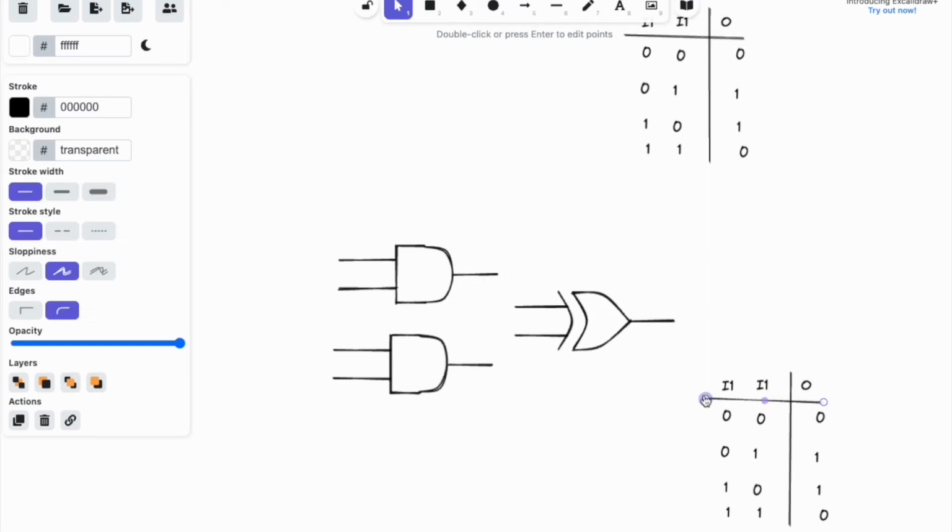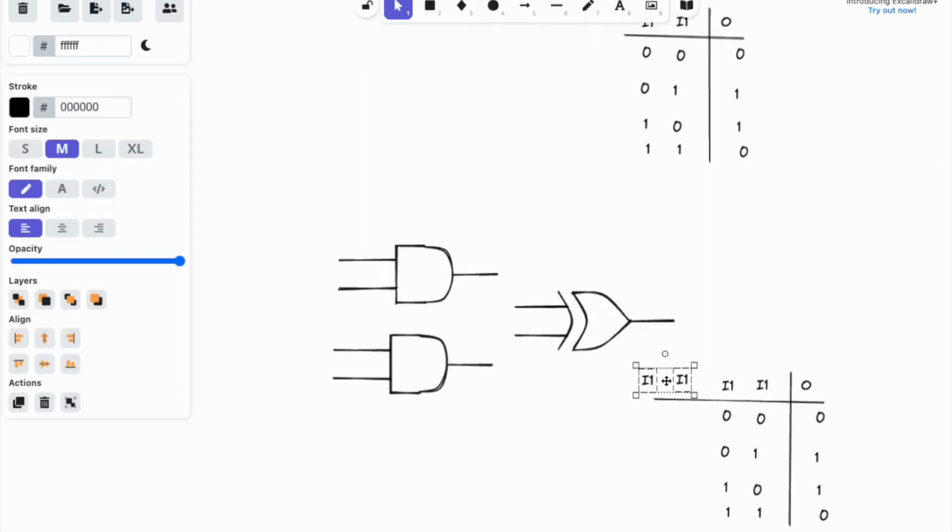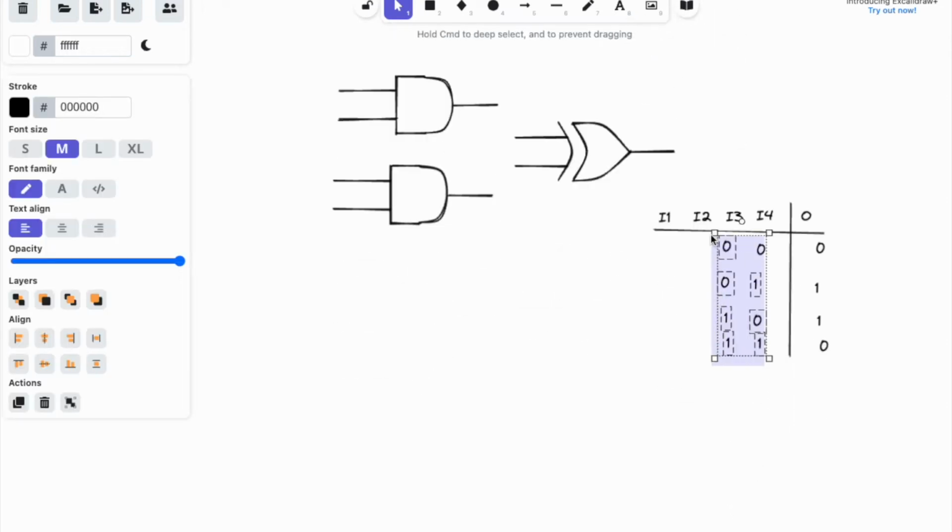In this case, this means that I actually have 4 inputs and 1 output. Let's just put these all over here, and we'll go and get all of the inputs that we're going to be using.